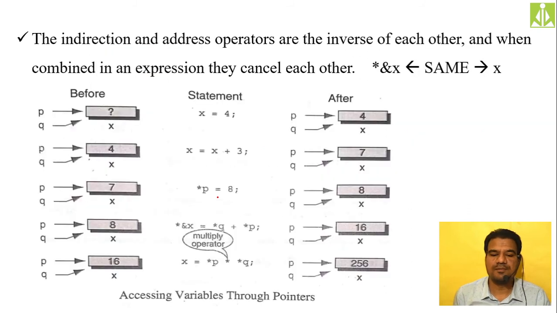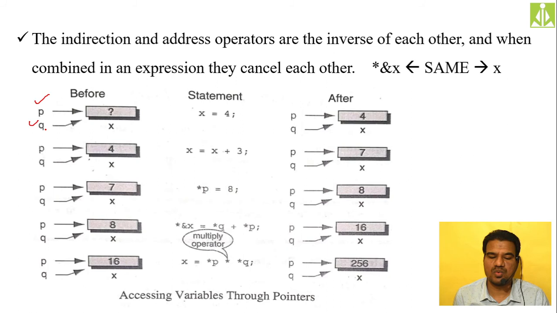The next thing, over here you can see the x value. I am storing 4. When you write x equals 4, x will hold 4. Then you increment the x value by 3, and you have p as a pointer to x and q as a pointer to x, with x as an identifier.